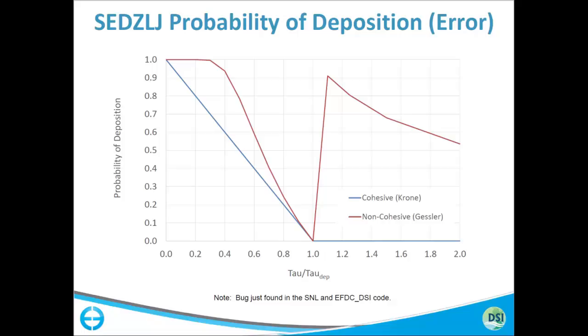This portion of the curve is pretty much the same, but it drops down to 0 at your critical shear stress for deposition, and then just pops back up and then starts tailing off. So anyways, just FYI, and I'm sure we'll need to have some more discussions around this to see if people agree with me, but this is where we are at this point in time.